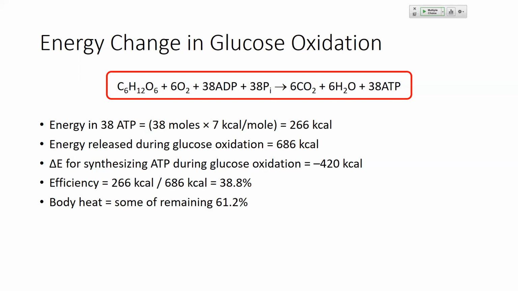And so if we calculate the efficiency of glucose oxidation, it's only going to be 38%, meaning of that 686, we only get to harness 266 kilocalories. The remaining 61.2%, which is 420 kilocalories, is lost as body heat. So this process is not 100% efficient, but it's very, very useful, and it works.